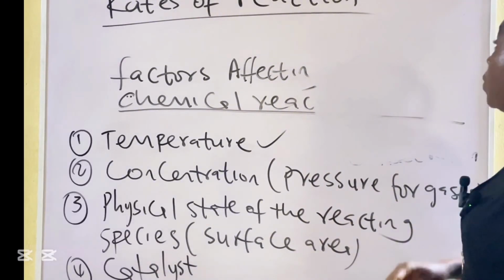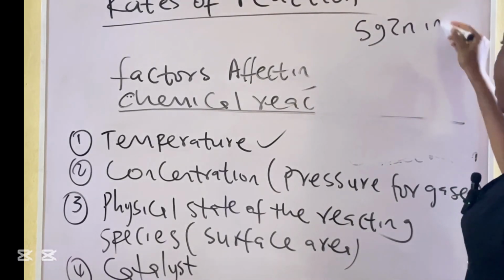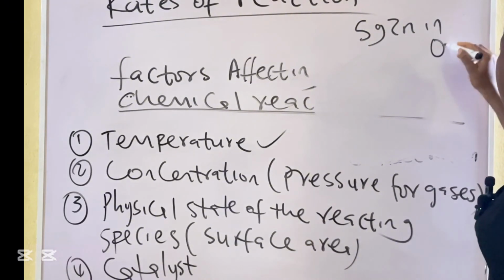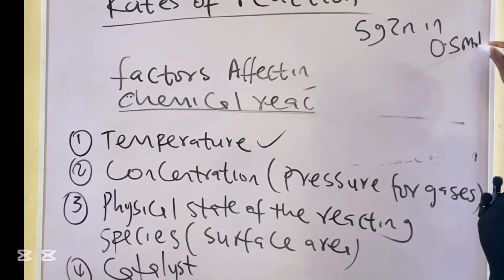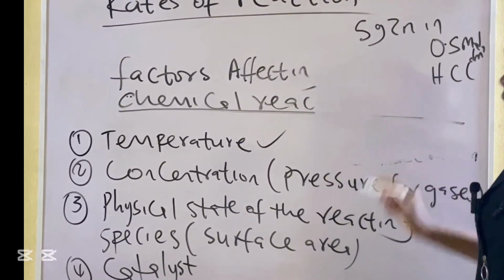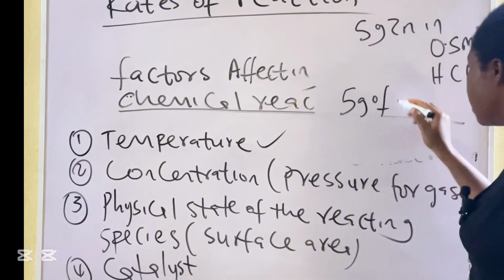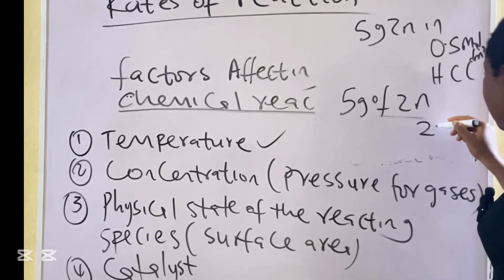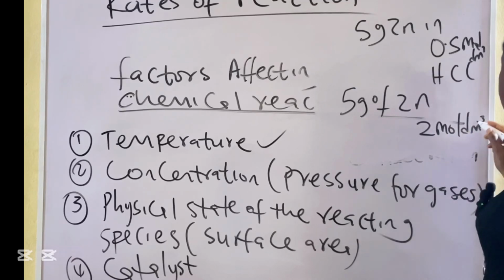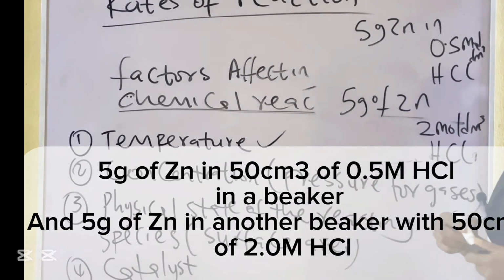Okay, if I put 5 grams of zinc in 0.5 mole per dm cube of HCl, and in another vessel I put 5 grams of zinc in 2 mole per dm cube of the same acid, HCl, which one do you think will react faster?